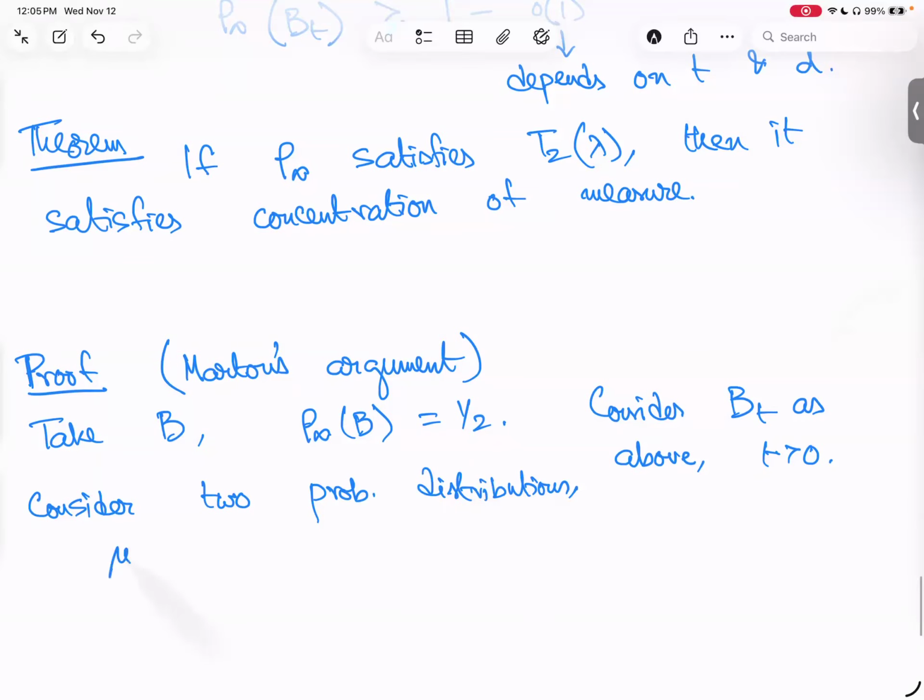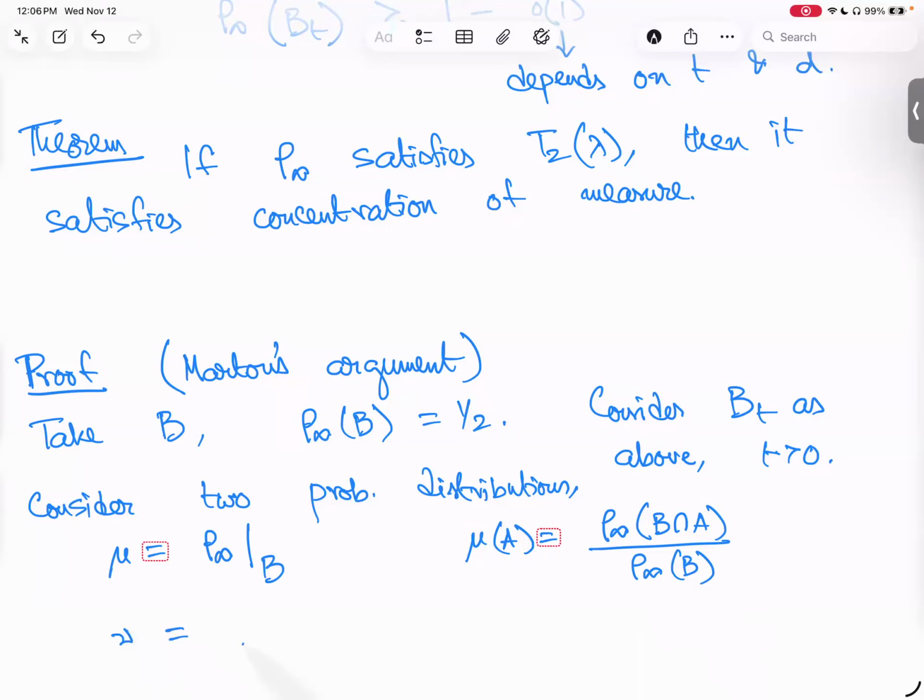One is mu, which is rho infinity restricted, so conditioned, on B. So what does this mean? It means that mu of A is rho infinity of B intersection A divided by rho infinity of B. Could make sense.